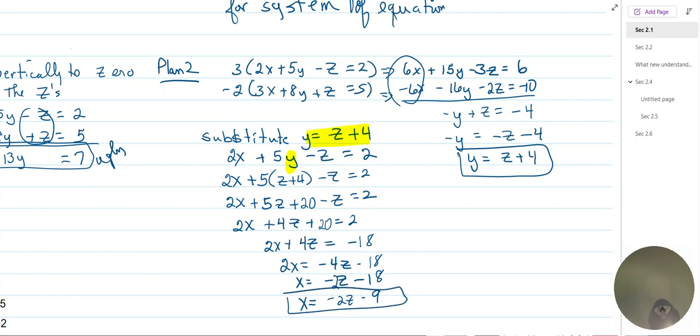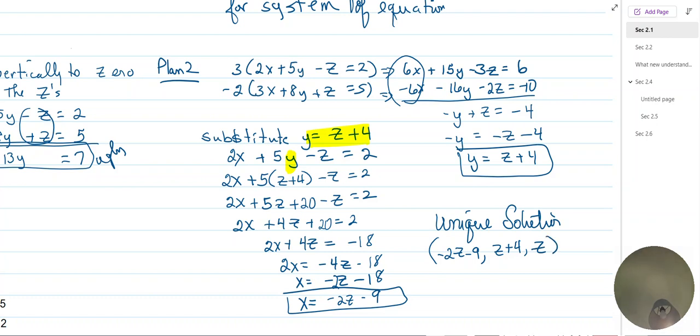All right. So now what we have is this following as a solution. We're going to have to figure out what z can be next. So our solution, because we need z as independent, is negative 2z minus 9, z plus 4, and z.